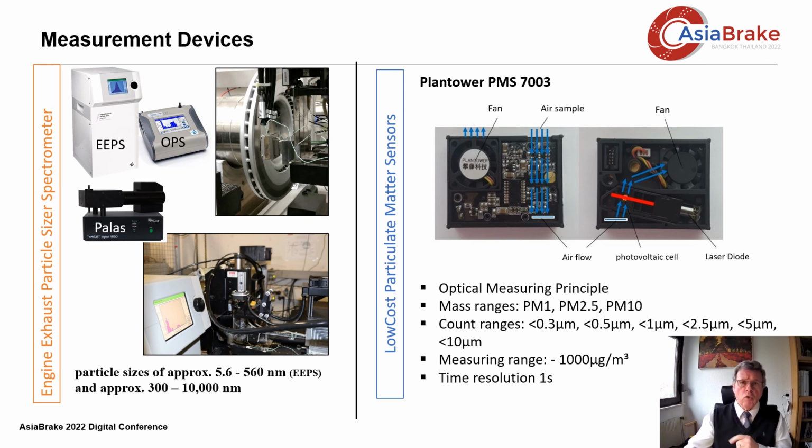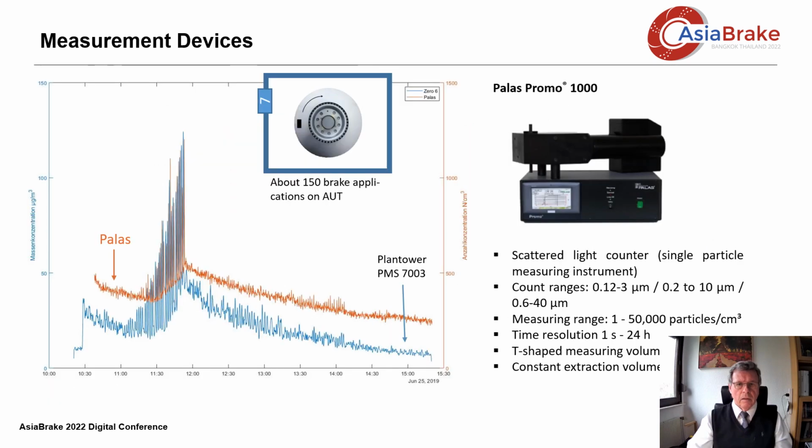But what can you do with this sensor? We measured on our tribometer with a Pallas instrument and the low-cost sensor in the lab at the same place. Here you see the result for about 150 brake applications with very different operation modes. Red, the results of Pallas; blue, the results of the Plantower sensor.